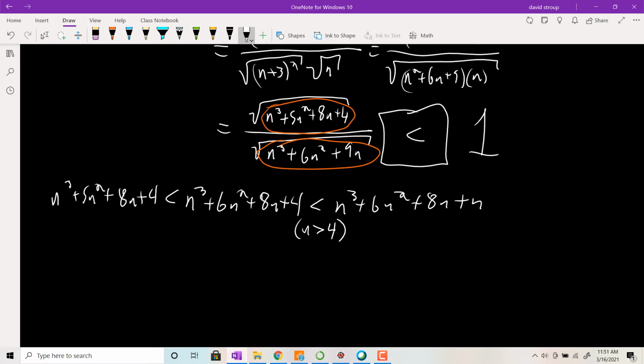And then you got it, right? Because that's equal to n cubed plus 6n squared plus 9n, which is the denominator. So the numerator is less than the denominator, therefore that expression is less than 1. If you take the square root of it, it'll still be less than 1. Okay. So that proves the limit goes to 0, and it's decreasing, hence it's convergent.